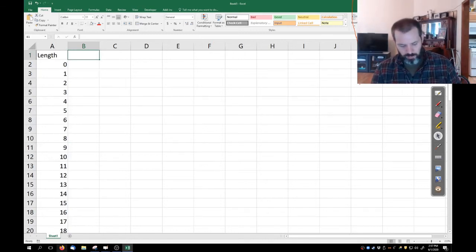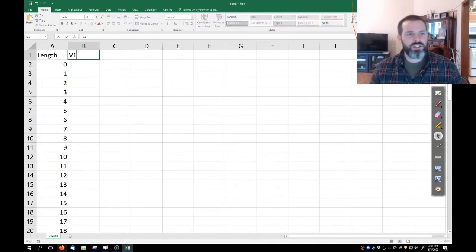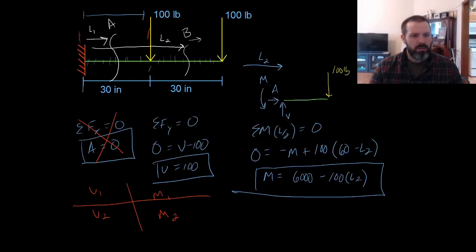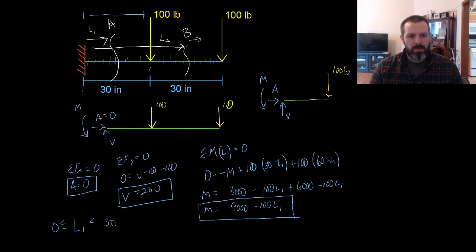Then I'm going to do my shear equation for portion 1 and my moment equation for portion 1. My shear equation for portion 1 was 200, and my moment equation for portion 1 is 9,000 minus 100L.